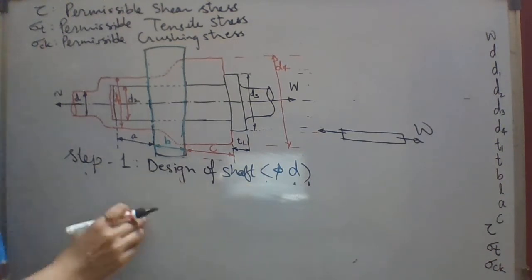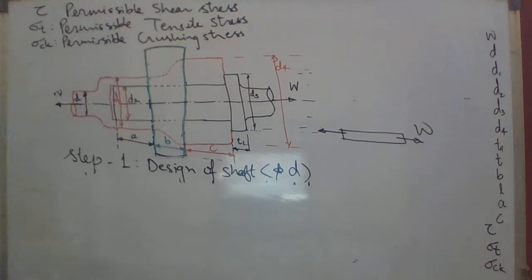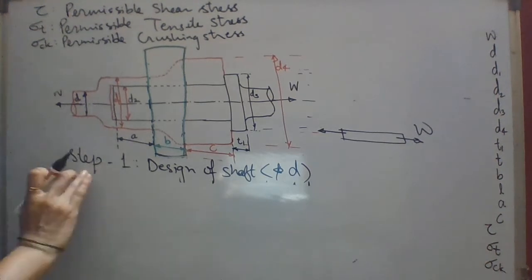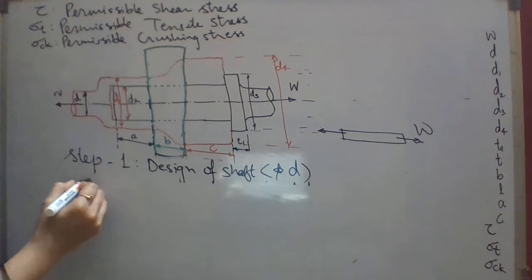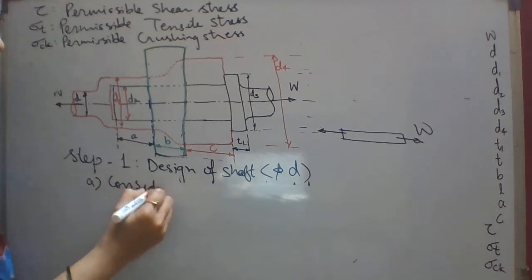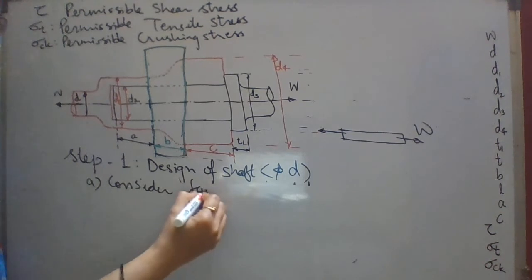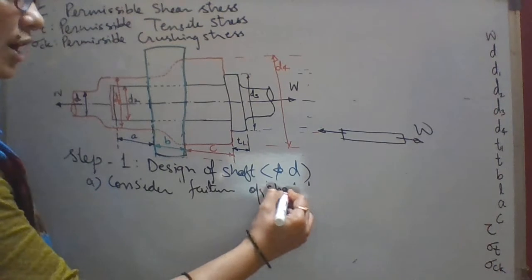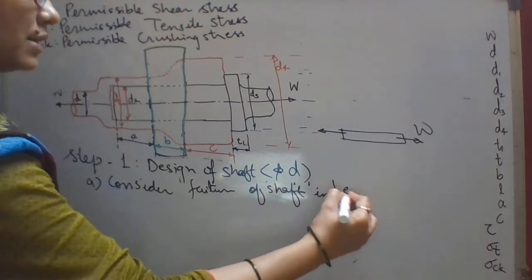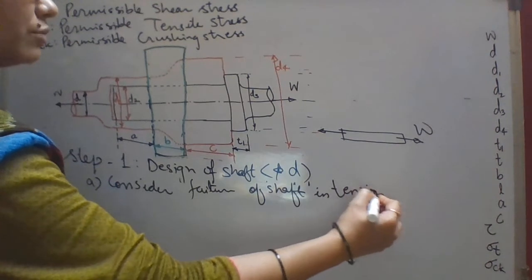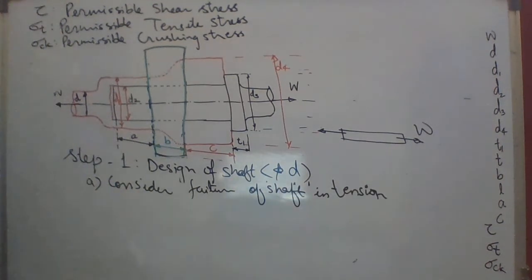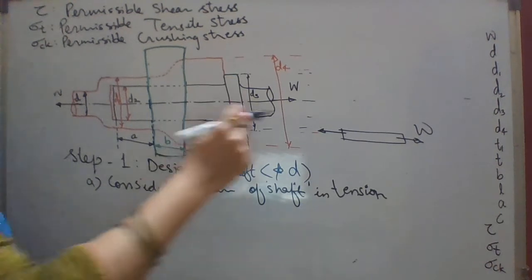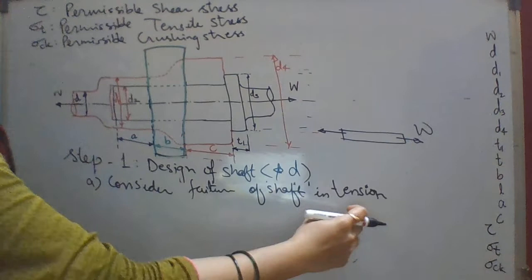So when we design the shaft, we will consider the failure of shaft in tension, because there is no other type of loading which can induce failure. There is only one axial tensile load.